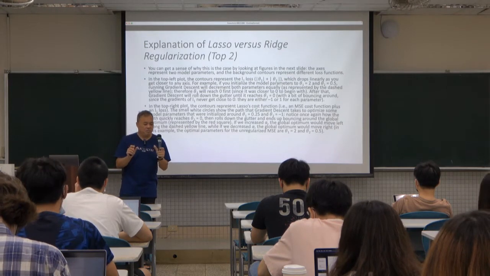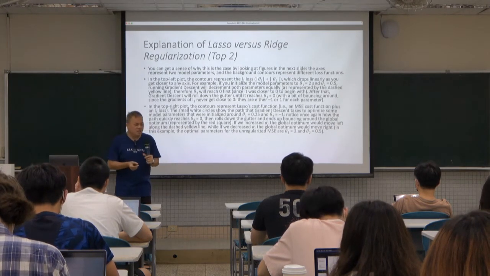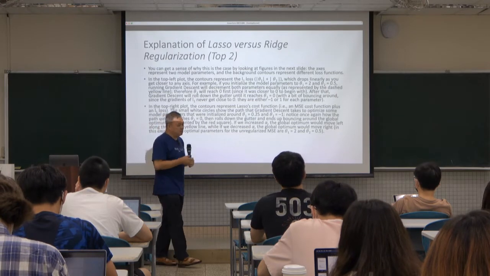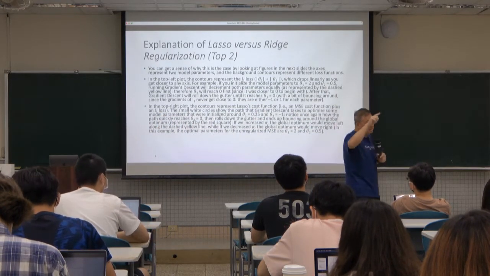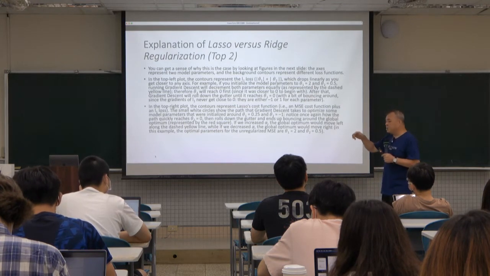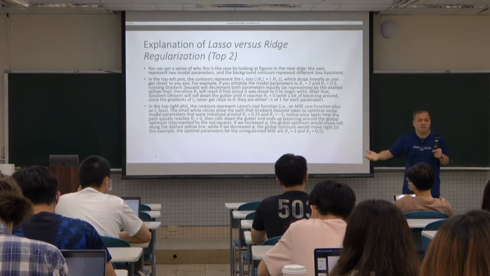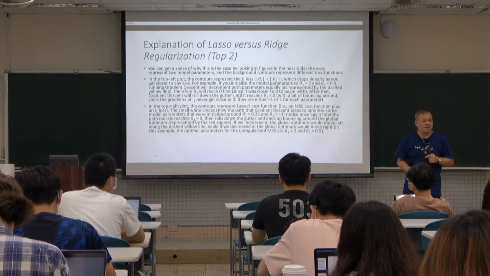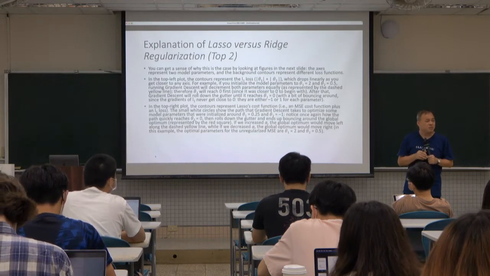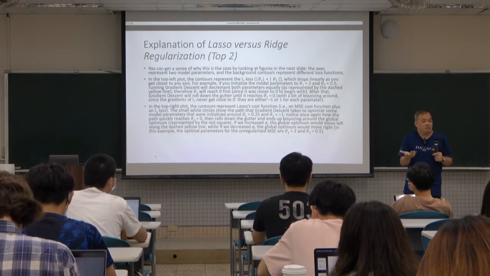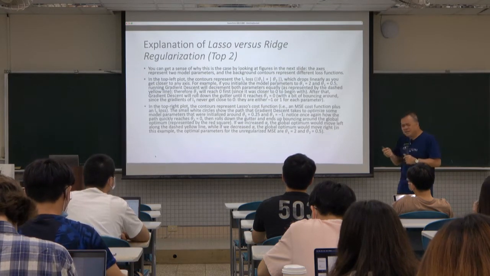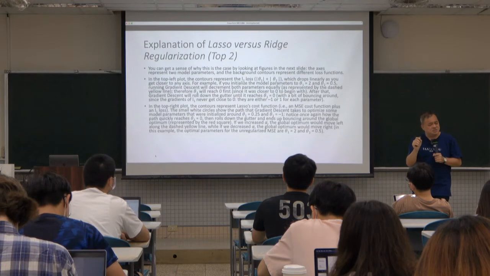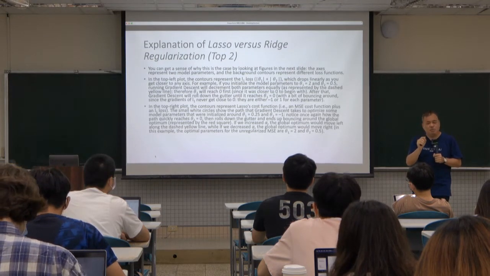You may think they both put a constraint, and one uses the sum of squares, one uses the sum of absolute values. At least conceptually they don't look much different, right? They both put the constraint. So what's the difference? There's a very important difference.